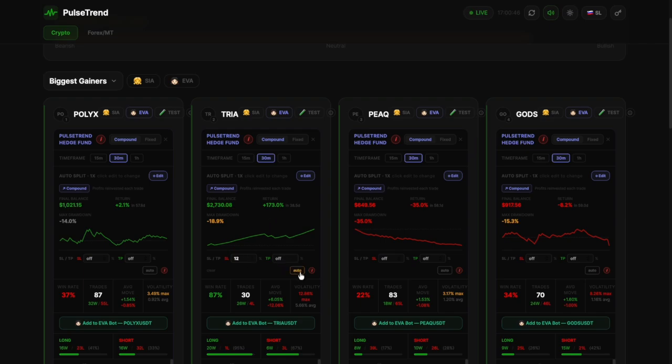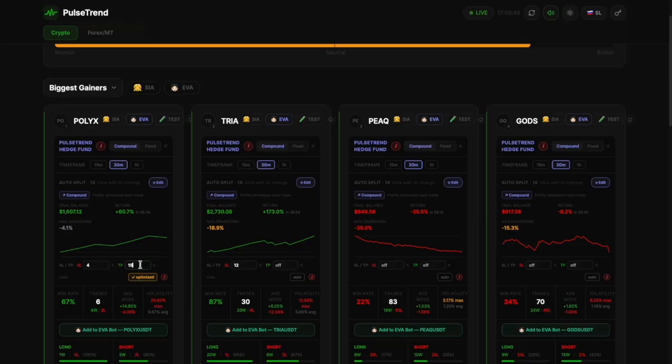We have the auto button right here that fetches you the best results possible, and with EVA we find out that it works best on the major shitcoins, so those big volatile assets, and it catches those moves pretty nicely. From what we saw and from what I saw, it's been pretty much killing it.